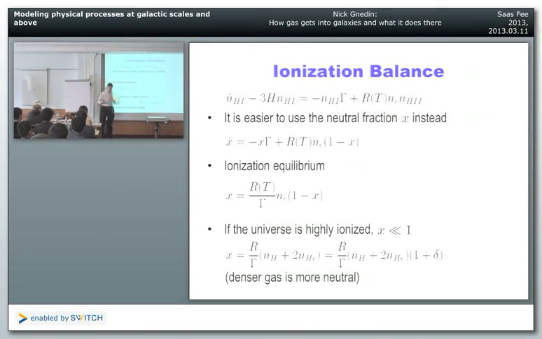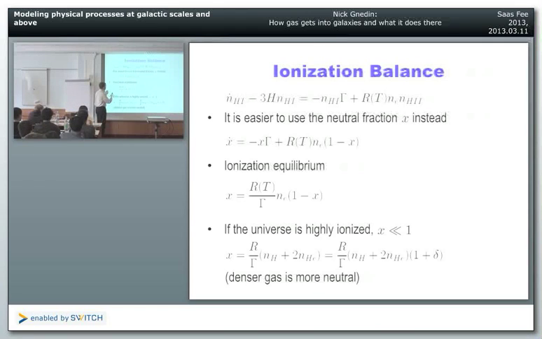tells you how much hydrogen you get back by having ionized hydrogen HII colliding with electrons, and it happens with some rate. It's called the recombination rate, and in general it's a function of temperature. If I now take the same equation for total hydrogen, I wouldn't have any of those terms, because total hydrogen is either ionized or neutral, but it's conserved.